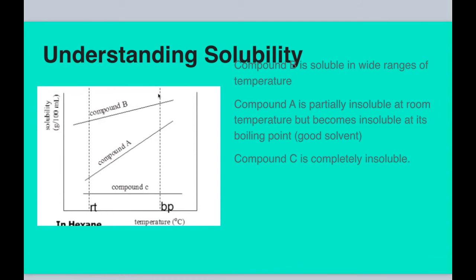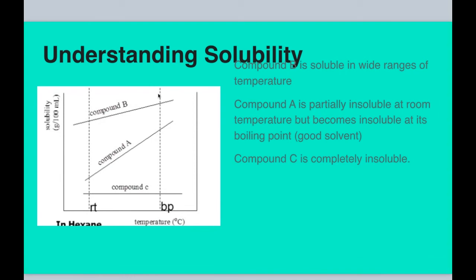So hexane is a good solvent for this mixture, but hexane is not a good solvent for compound B because B is soluble even at room temperature. So you don't want to choose hexane for compound B.